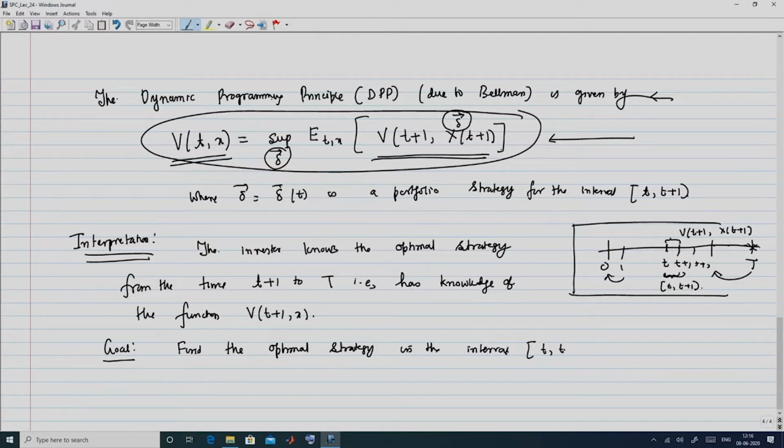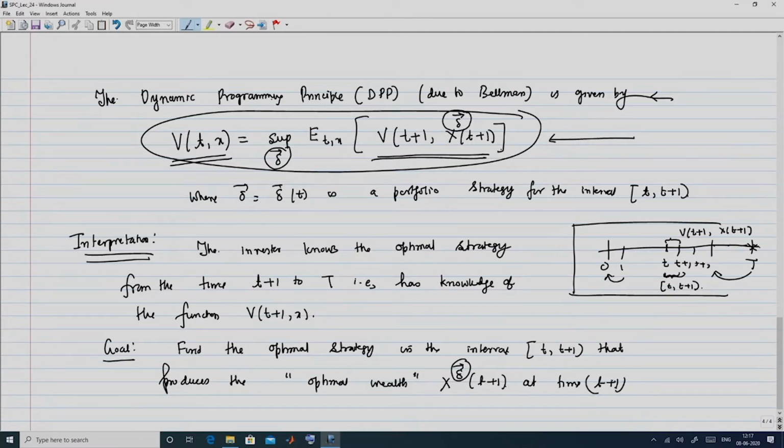So, in the interval t to t plus 1, that produces the optimal wealth x superscript delta vector t plus 1 at, of course, time t plus 1.